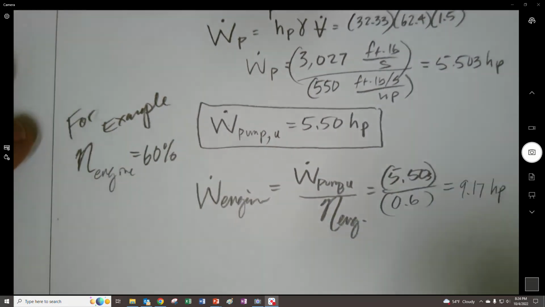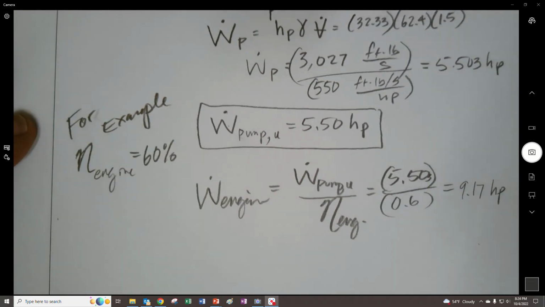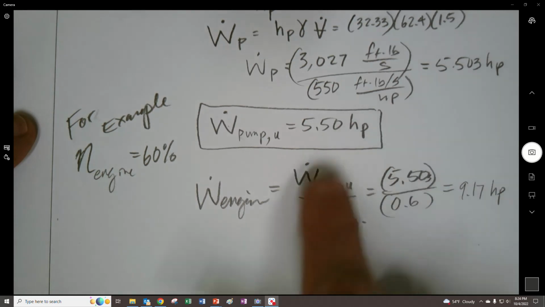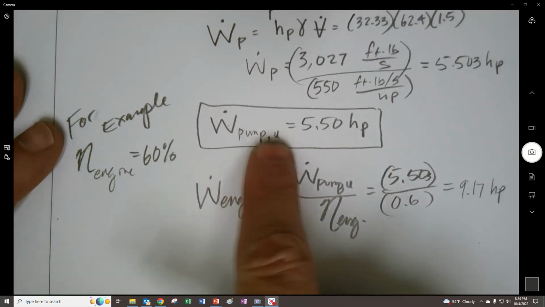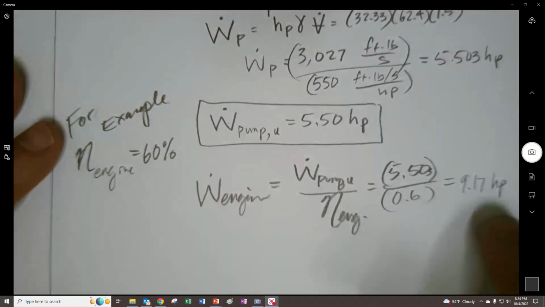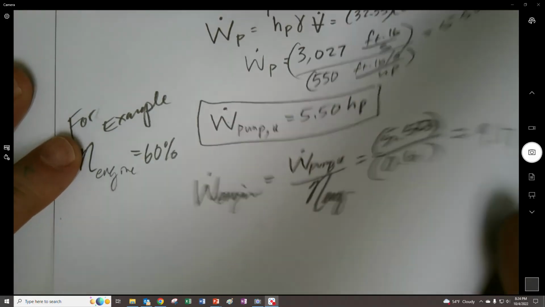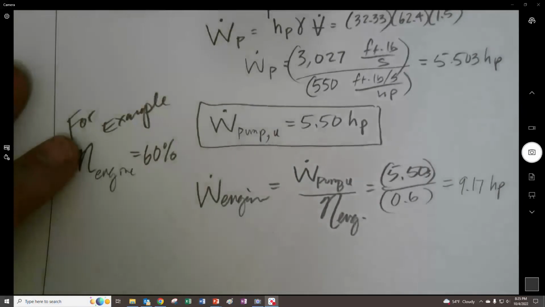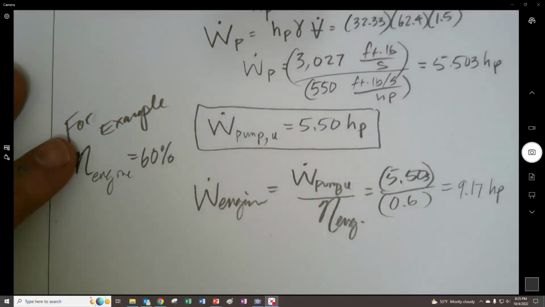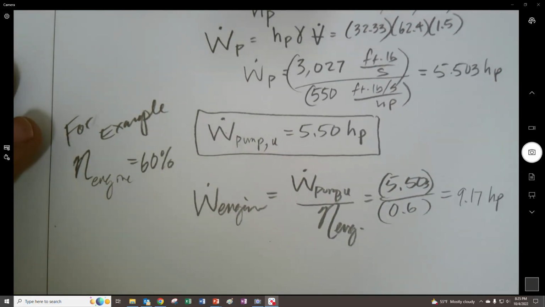So we need to have an engine that's capable of doing that to be able to generate this useful work. So this is the hydraulic power, and this is actually how much has to go in from the engine. So that's the first example. I'll do another 2 examples. So this was video 3, right?